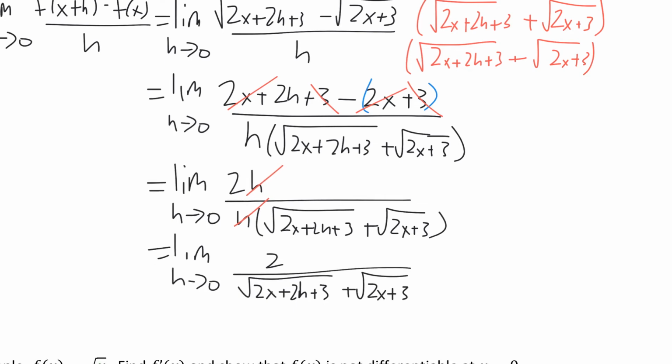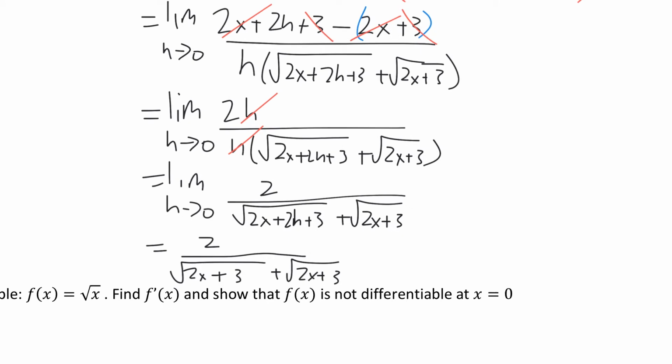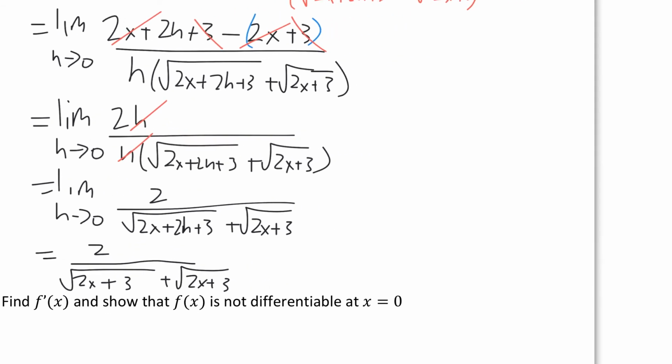Well, it looks like time for us to go ahead and plug it in. We're going to plug in h equal to 0 and see what we get. This will be 2 over root 2x, the 2h goes away, so plus 3, plus root 2x plus 3. Now, we can actually simplify this to make it look a little nicer. If we have 2x plus 3 under a root and another 2x plus 3 under a root, we have two of them.